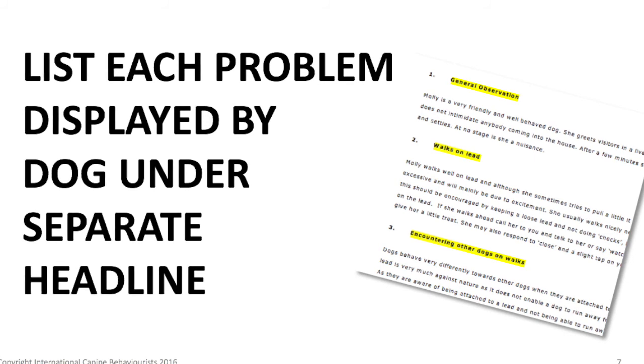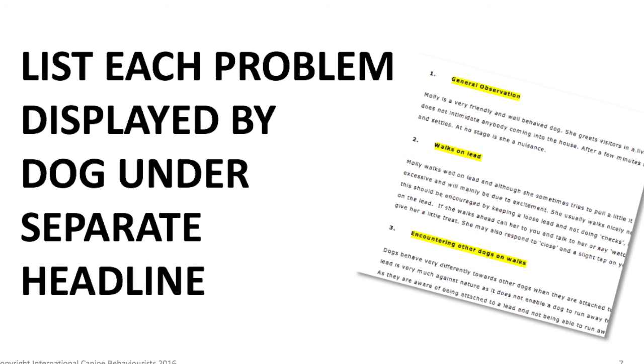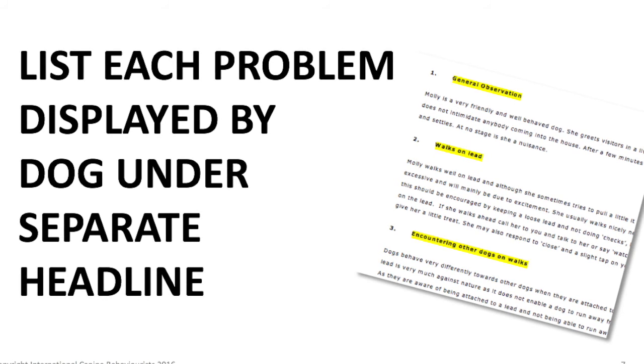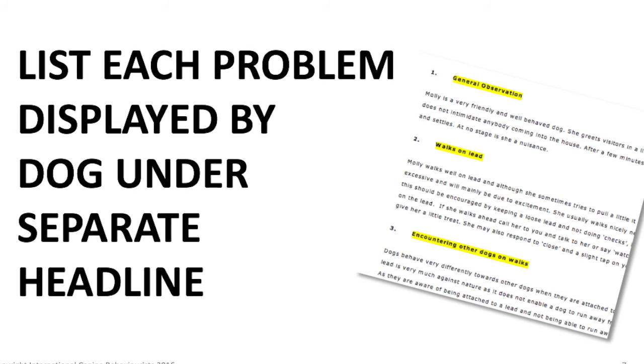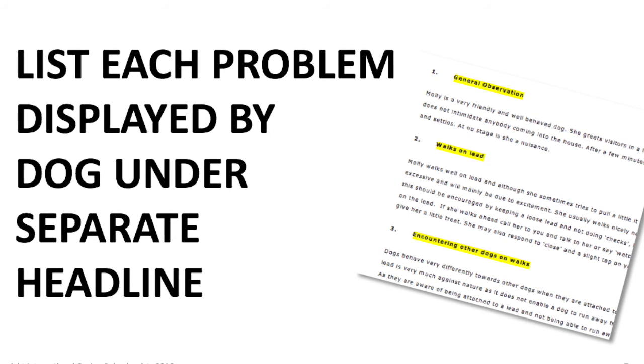Attacking other dogs in the park, have it in headlines, and then go into the treatment, the modification program. The reason for the headlines in bold and in paragraphs is that if the dog is showing symptoms more for one problem than for another, they will need to quickly refer to your report and see, there it is.